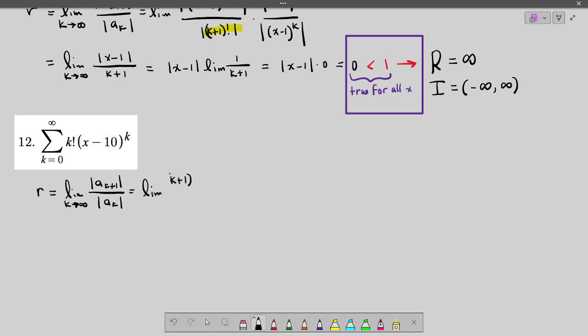We're going to replace all of the k's with k plus 1, take the absolute value, and then divide by a sub k. So we have that. We'll simplify.